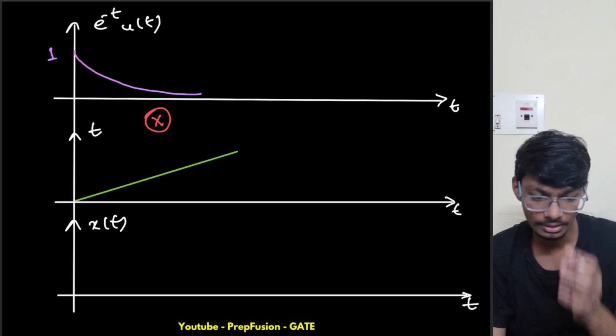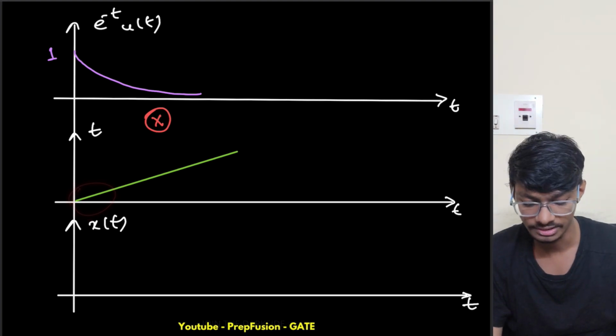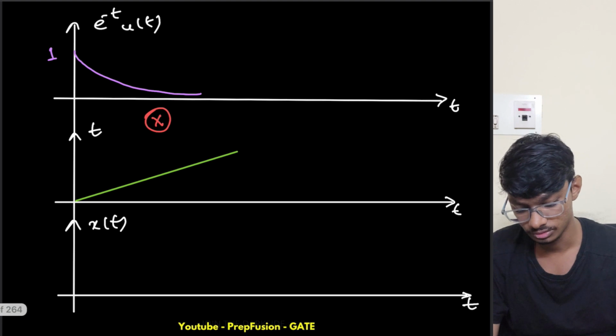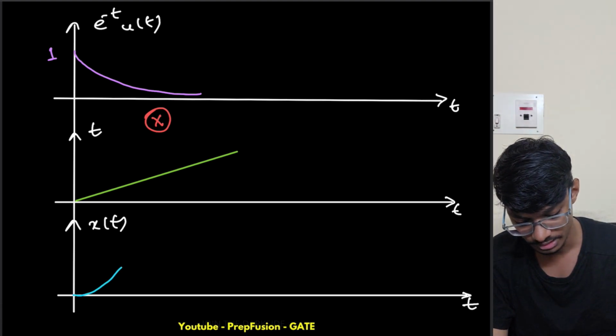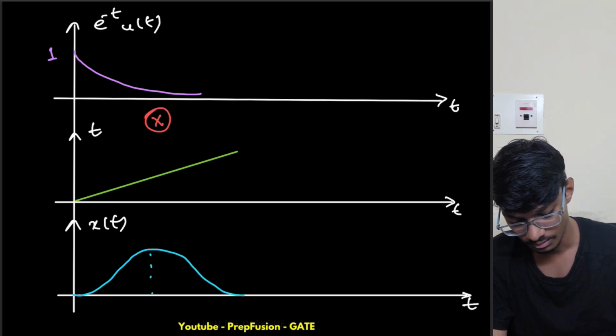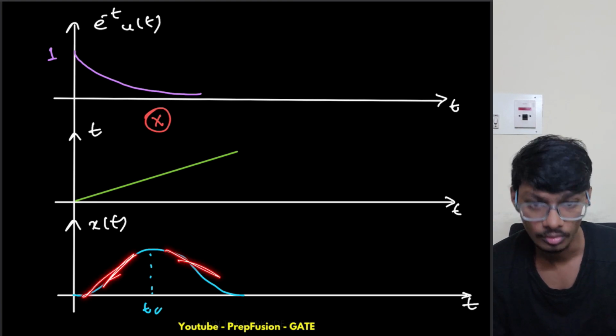So for t much less than some t naught, this will dominate. After a certain time, this will dominate. Okay, so the function will increase, then after a certain time it will decrease again. So here, at t naught, the slope before will be positive, and after will be negative.